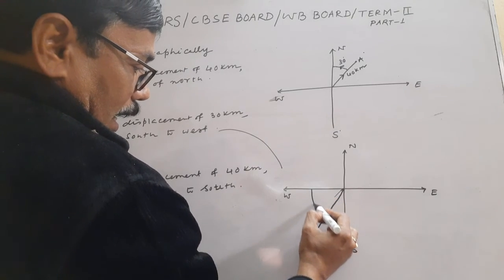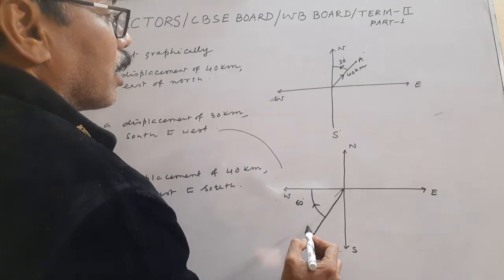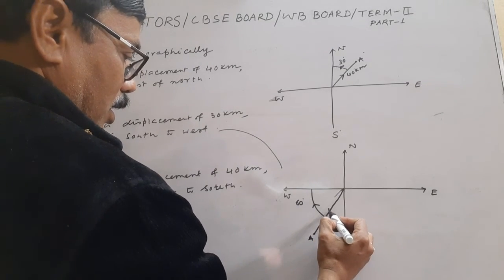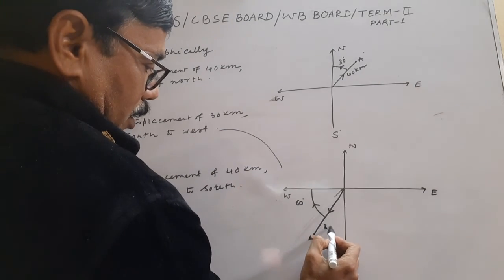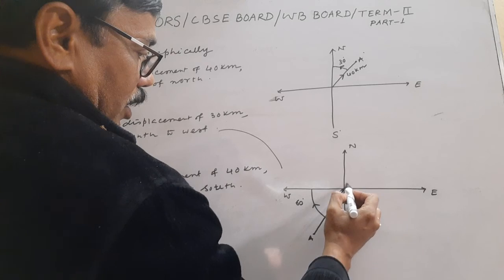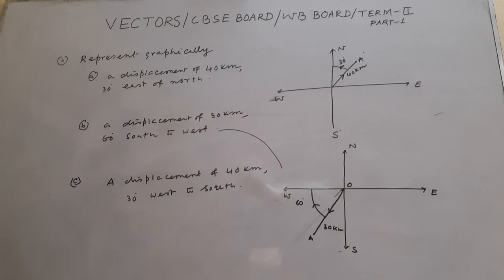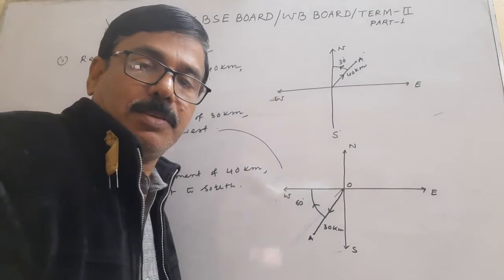And OA is 30 kilometer. So OA is the displacement vector.